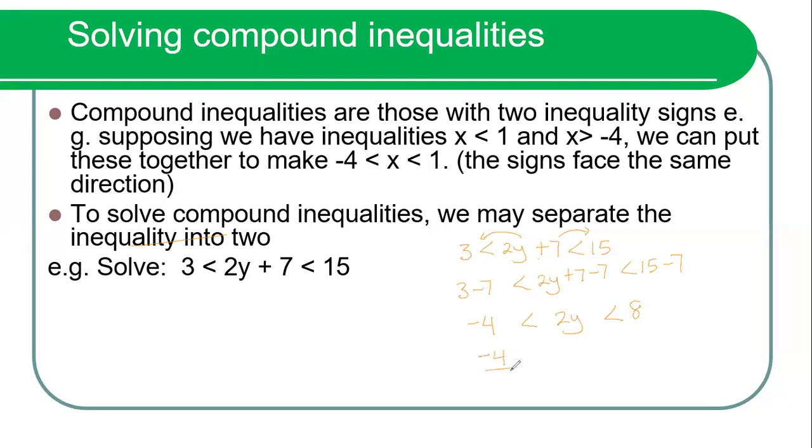So I'll say -4 over 2 less than 2y over 2 less than 8 over 2. So -4 over 2 is -2, less than y, less than 4. So that is my second approach. You choose the approach that is easier for you, the one you are more comfortable with.